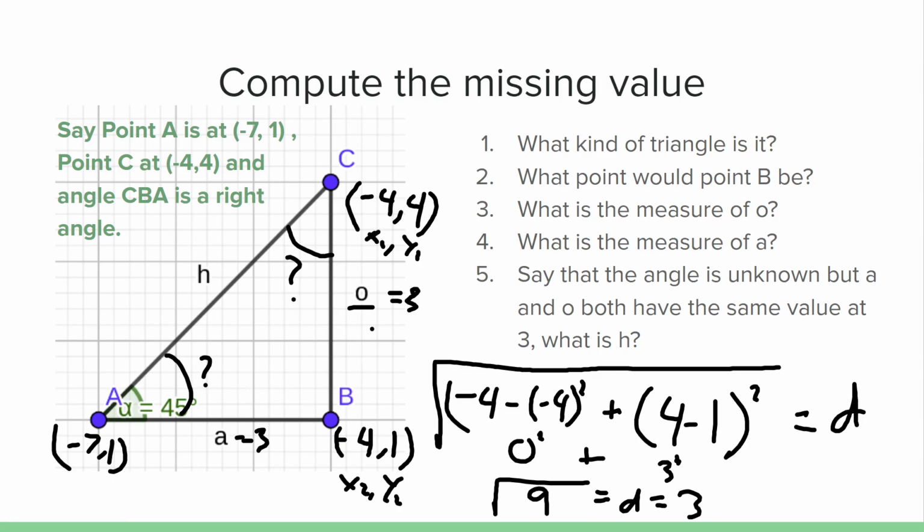Hello, sir. So, let's say O and A is equal to 3, and the angles are not given. What will be the length of H?